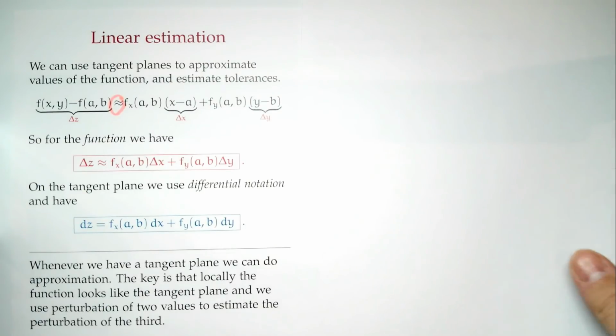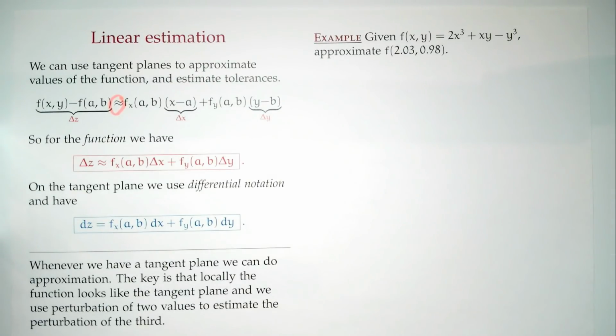All right, so we have time for a few examples. So suppose you're given that f of x, y is 2x cubed plus xy minus y cubed, and you want to approximate f of 2.03, 0.98. Now you might say, that seems unusually precise to approximate.